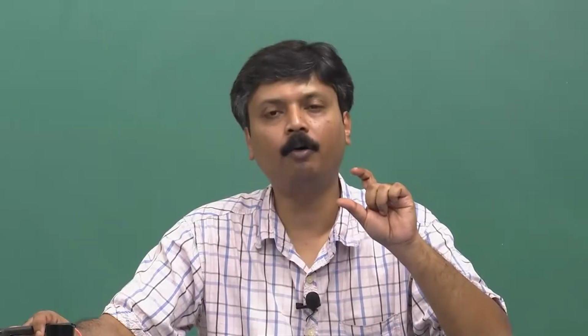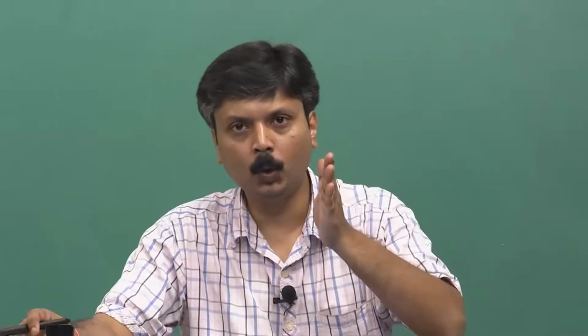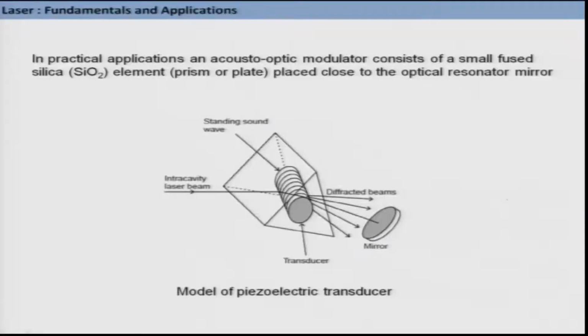So, if you take a small prism or a small window of fused silica and place it extremely close to the optical resonator mirror. Okay. Then what will happen, that is shown in this picture given here.